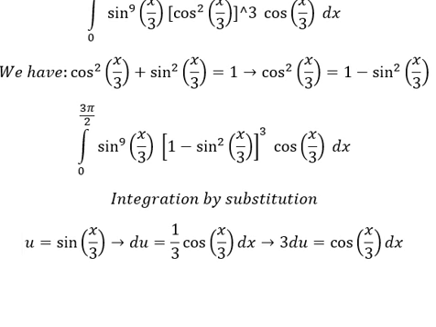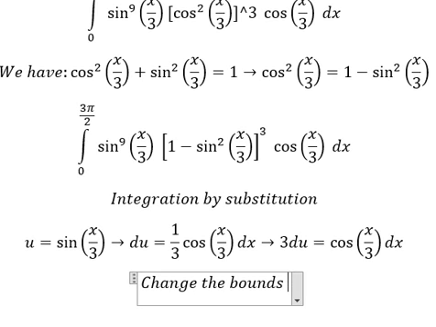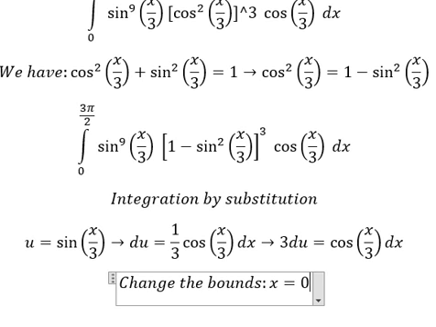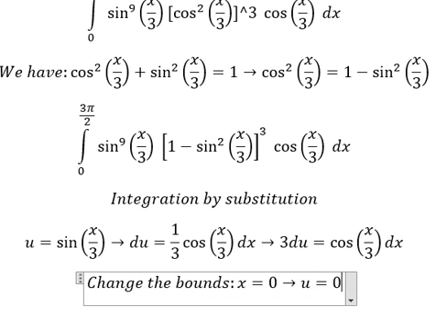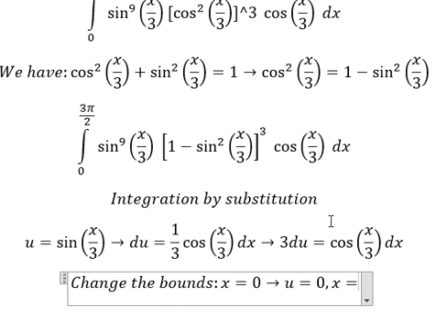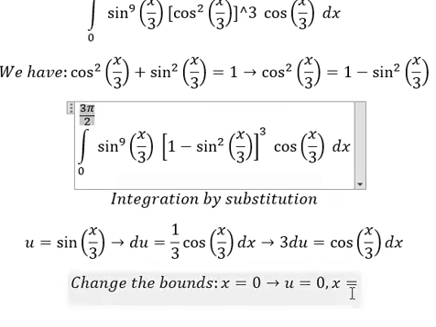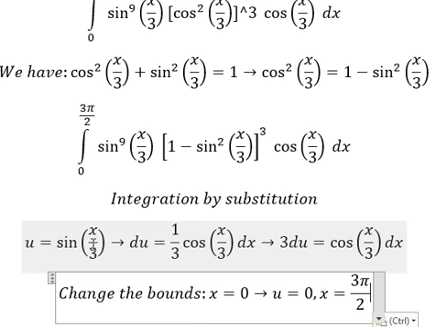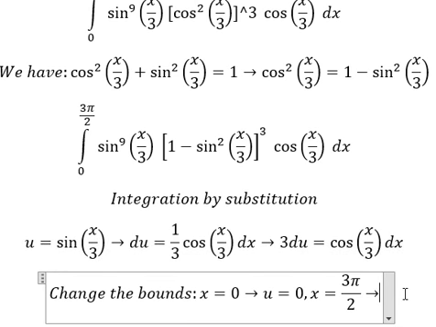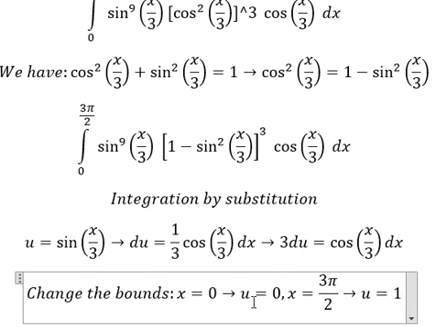Next, we need to change the bounds. When s equal to number 0, so we put number 0 in here. So we have u equals to number 0. When s equals to 3 pi over 2, so we put 3 pi over 2 in here, so we have u equals to number 1.